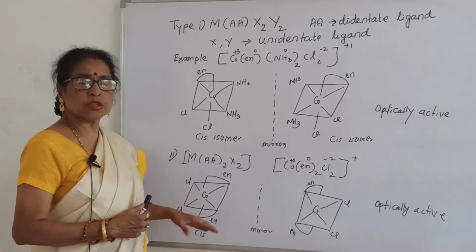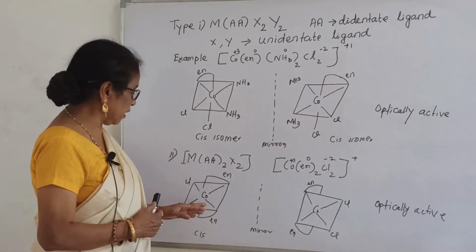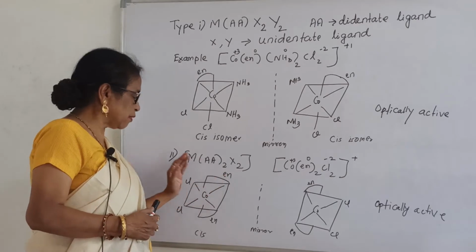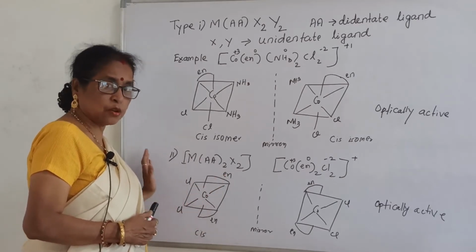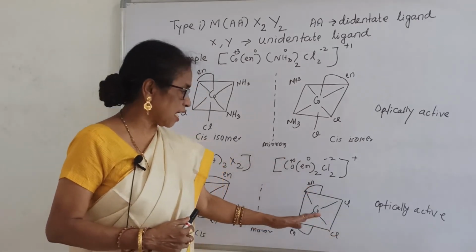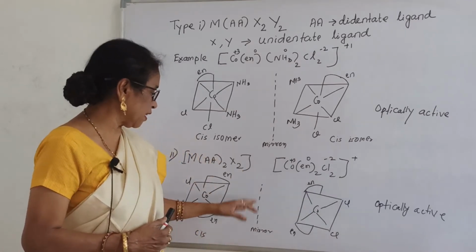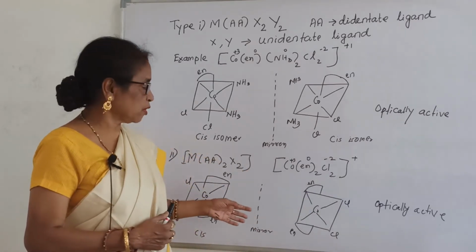Now it can show a mirror image. Mirror image means here you can observe this en will go this side, this en will go this side, and the chlorido ion will come to this side. This exhibits optical activity, and this is the mirror image.